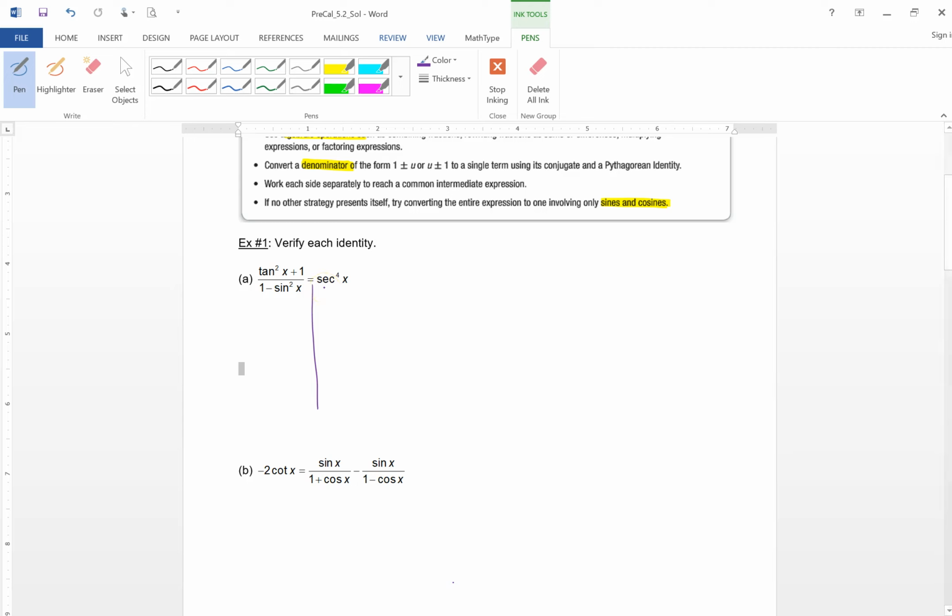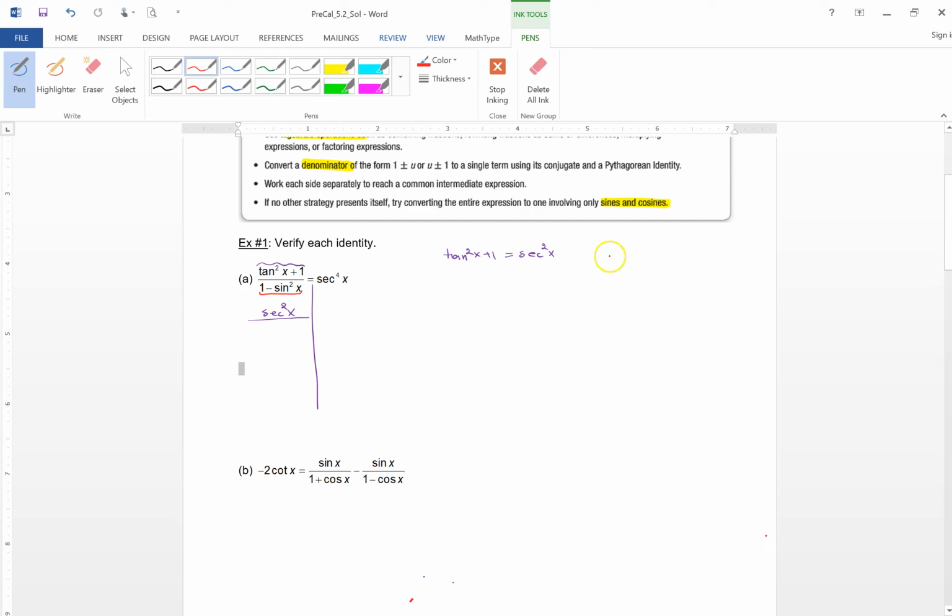So first of all, yesterday we learned an identity, and the identity in fact said tangent squared x plus 1 equals secant squared x. So this is equal to secant squared x over, what's 1 minus sine squared x?